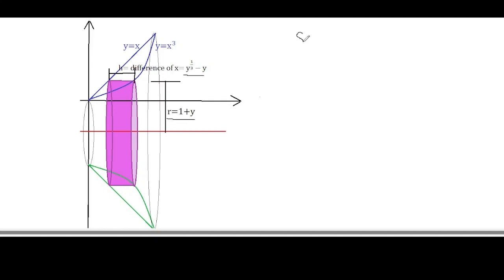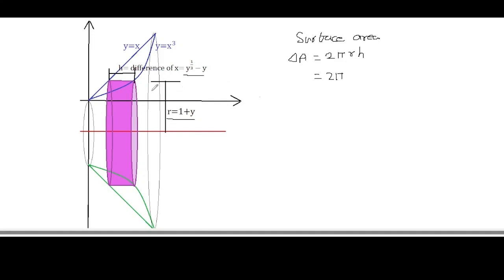First we need the surface area of the cylinder, which we can denote by delta A, and by using the basic formula of the surface area, it becomes 2 pi r h. We can substitute the values of r and h, both will come in terms of y.